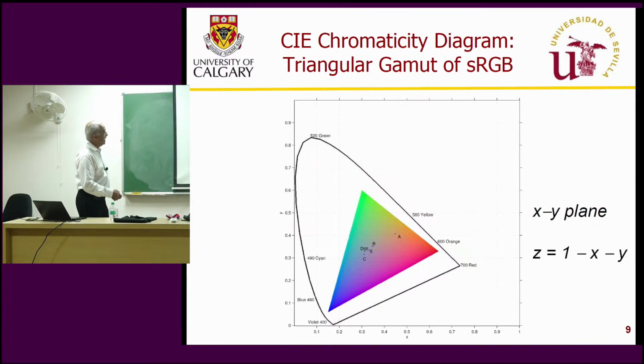So there is this CIE, so Commission Internationale d'Éclairage is that CIE, International Commission for Light. So this is a domain or a space that is defined with red, orange, yellow, green, cyan, blue, violet.